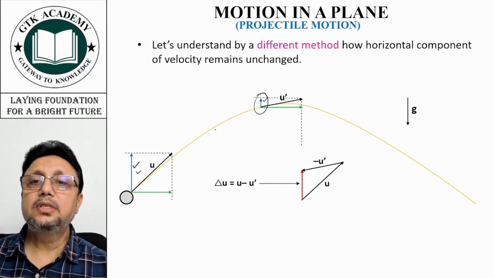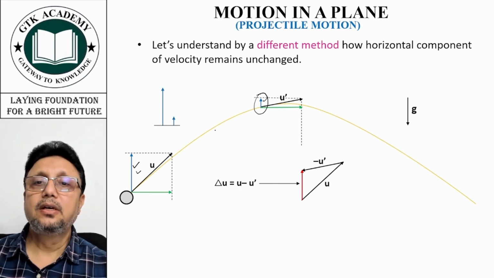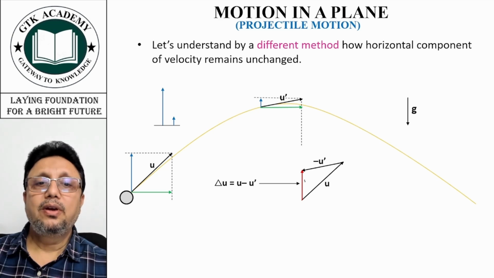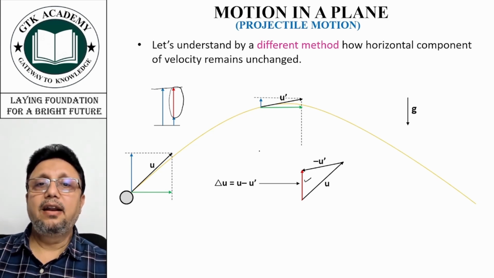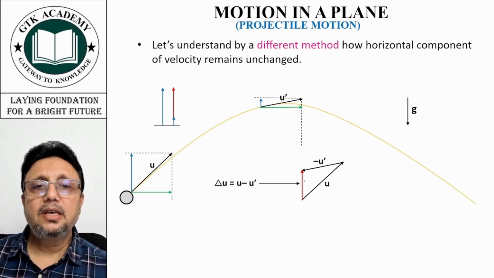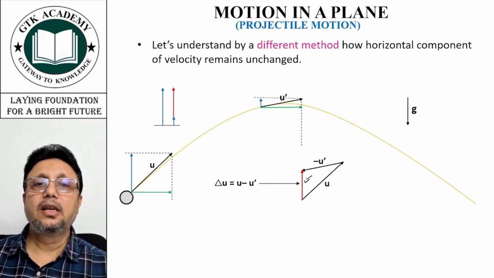Now just draw both these arrows at the same place. That means what is the reduction? Initially the vertical component was this much, now it is smaller. Now just add this red arrow. Now it becomes the same. That means this red arrow is the reduction, and reduction only happens in the vertical direction.